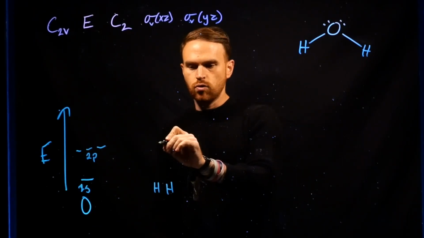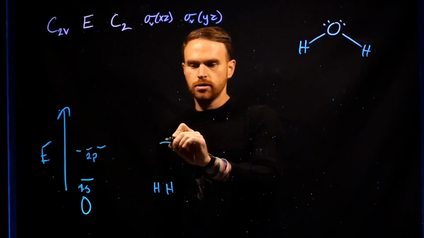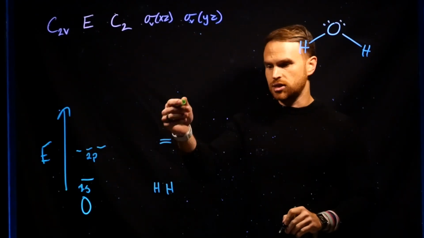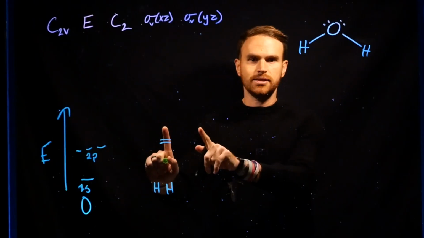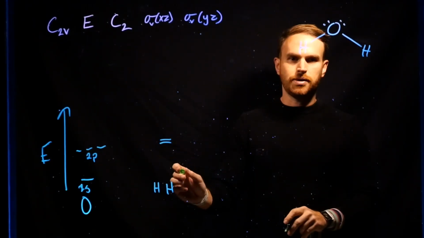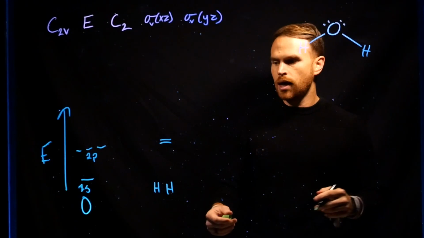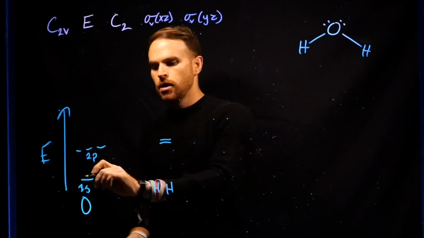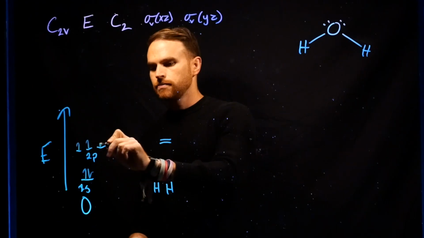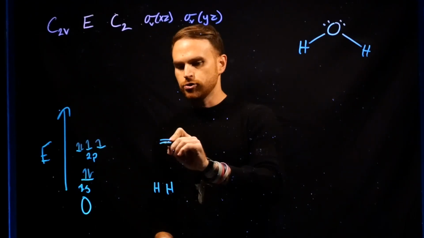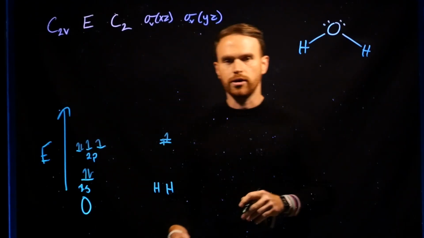Oftentimes, you'll see these two orbitals that have the same energy drawn just slightly above one another, just to keep things simple, or occasionally you'll see them side by side. But either way, this is meant to depict that they are of the same energy. And then, of course, we would start with our valence electrons. For oxygen, that's going to be 6. And for each hydrogen, there is 1. So we place 1 electron there.